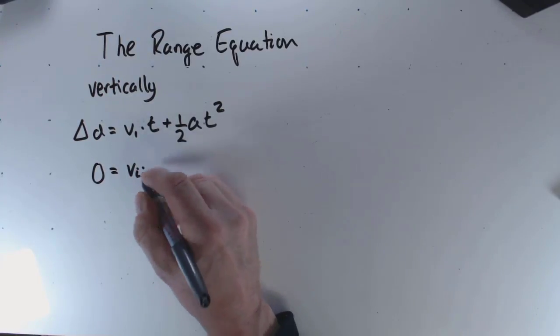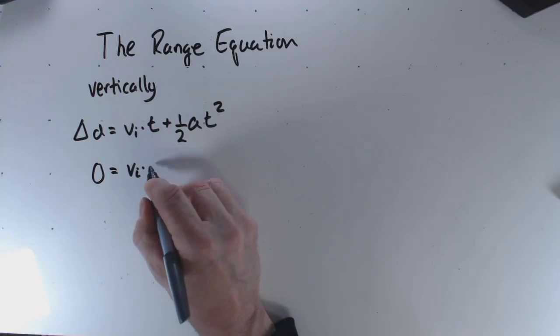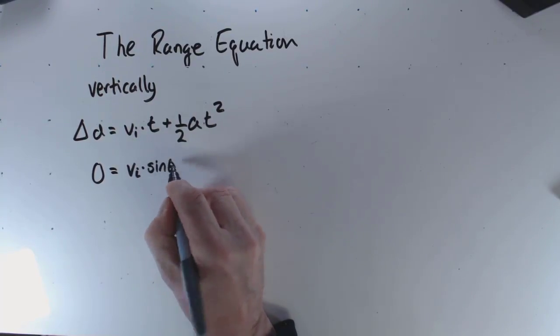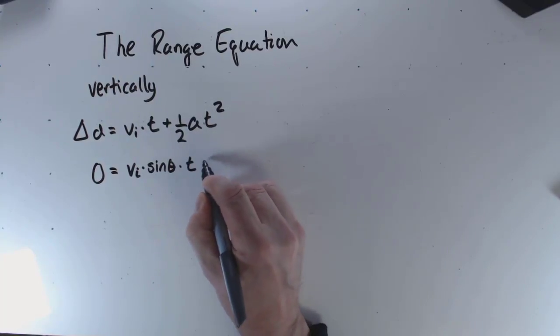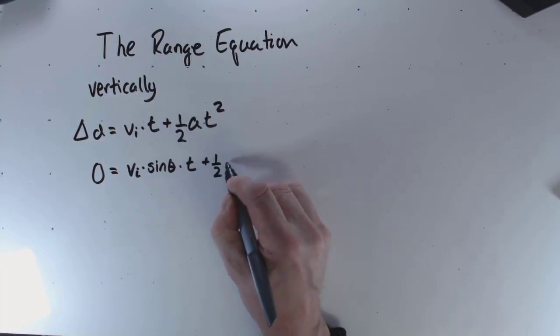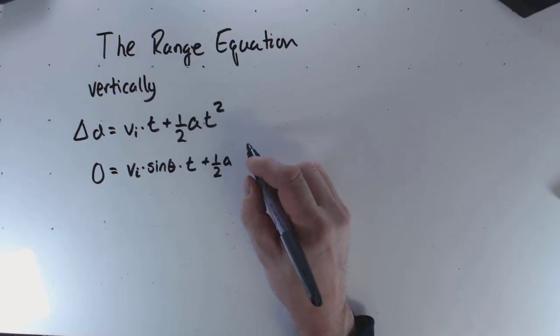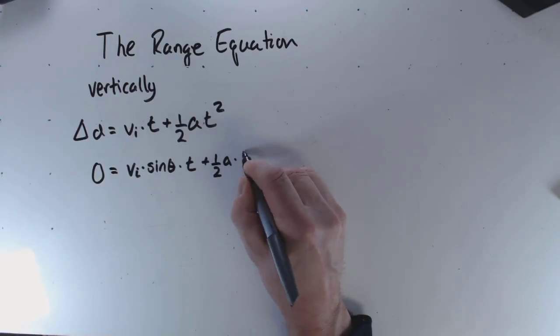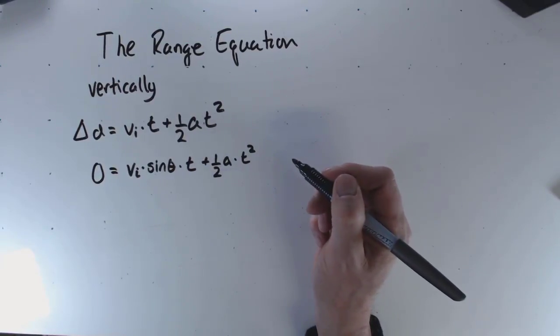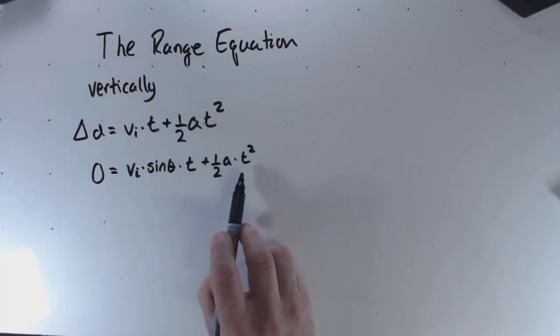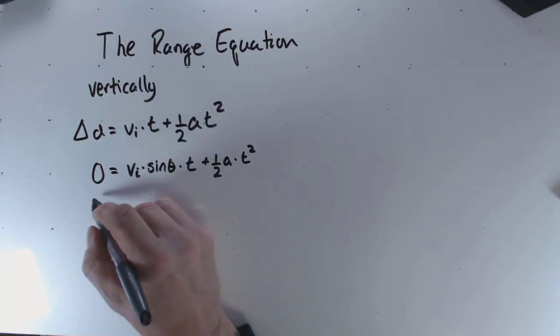And in order to get the vertical displacement, we are going to multiply that by the sine of theta. And then times the time, which we don't know, plus 1/2 acceleration, which we do know, times time squared, which we do not know. Okay, now you'll notice that this is starting to set up like a quadratic.